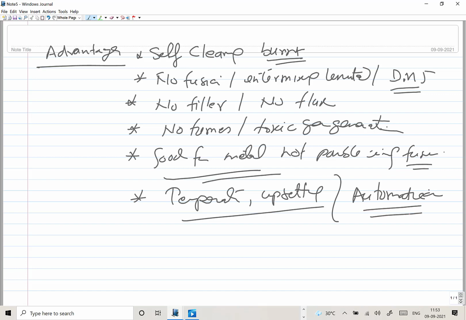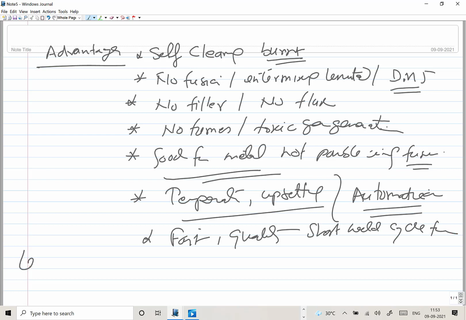Okay, so it is easy to automate friction welding. The process doesn't take very long, like 10, 15, 20, 30 seconds. So the process is very fast, the quality is really good, and the weld cycle time is very short.